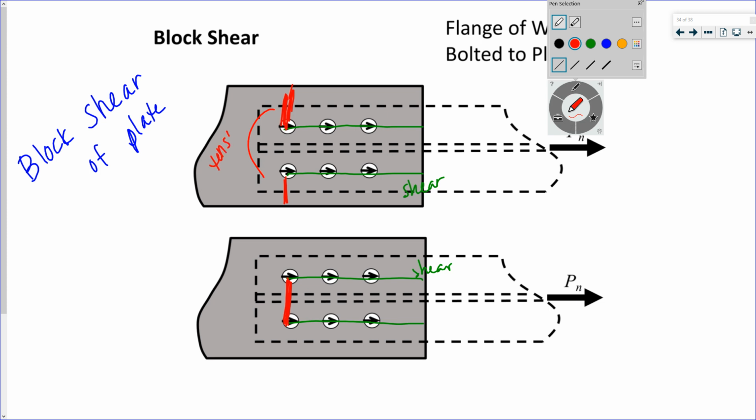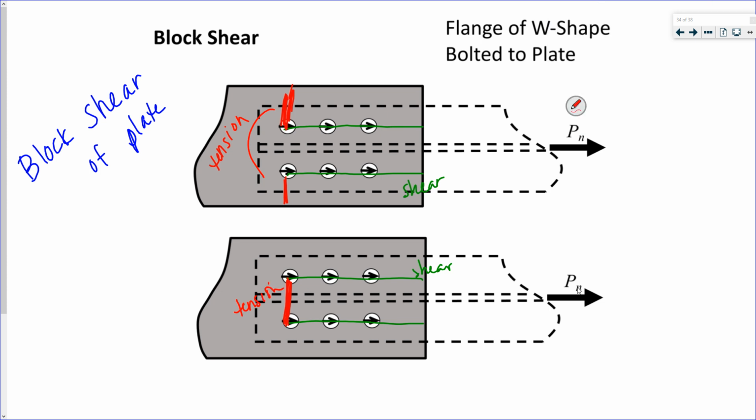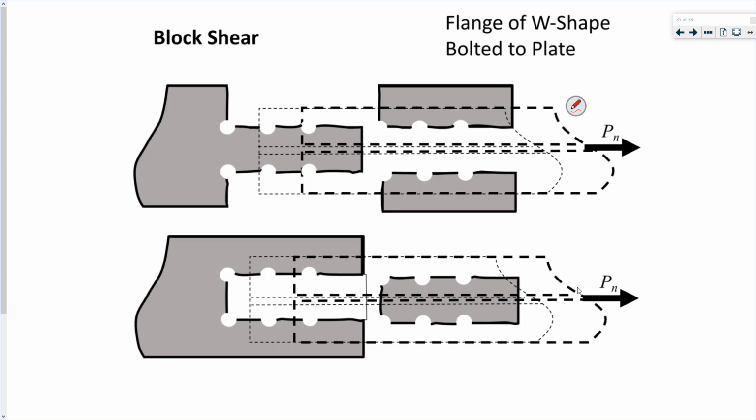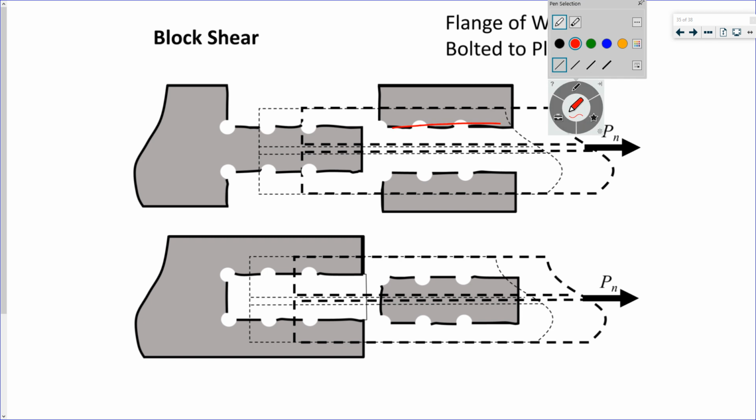This has 2 tensile planes. This only has 1. What would that look like? We'll look at it on the next slide, right? If 2 little chunks broke off, versus 1 chunk.